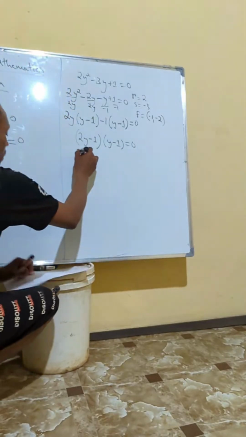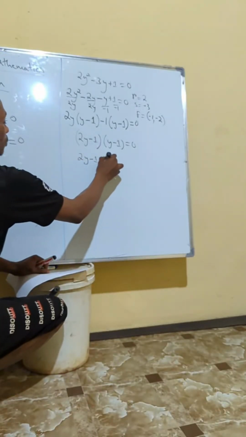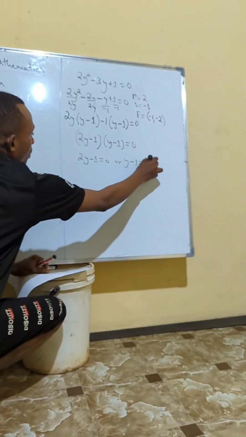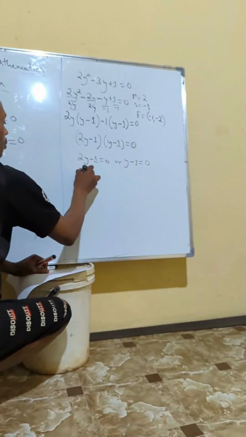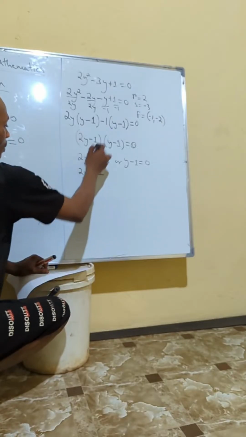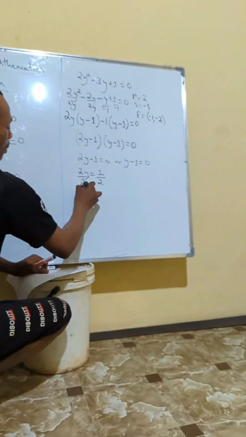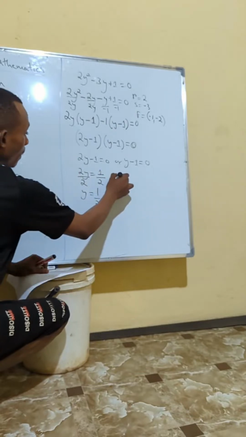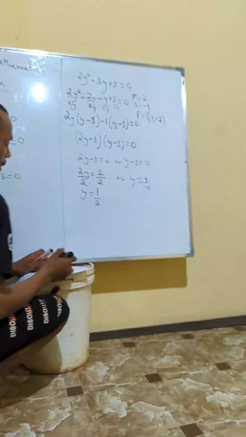Then mathematically it will be 2y minus 1 is equals to 0, or y minus 1 is equals to 0. Then it will be 2y is equals to positive 1, because the negative becomes positive. Then y is equals to 1 over 2, or 0.5. Or we say y is equals to 1.